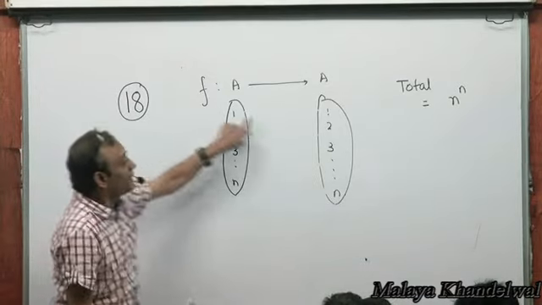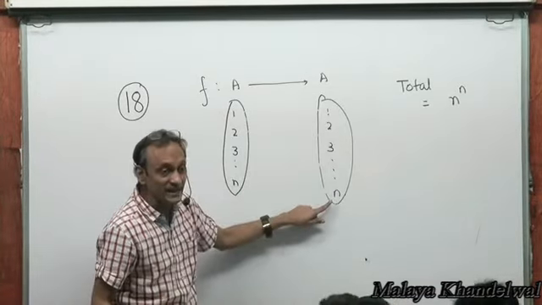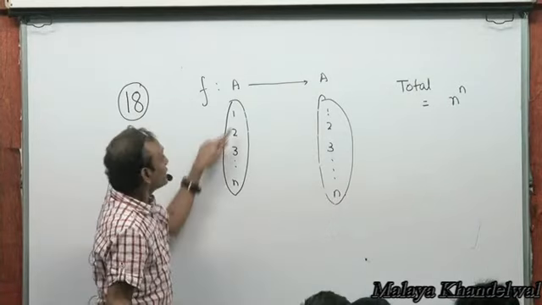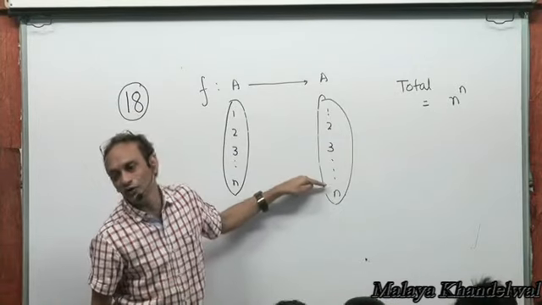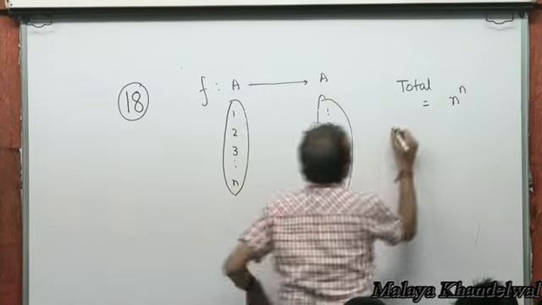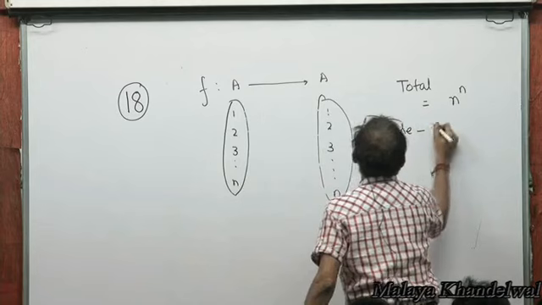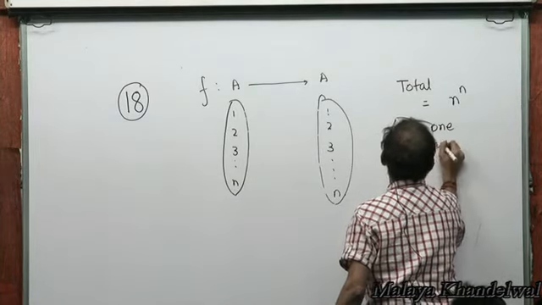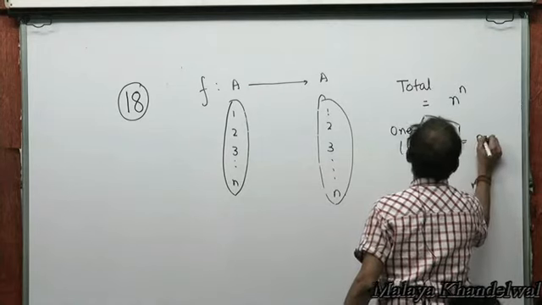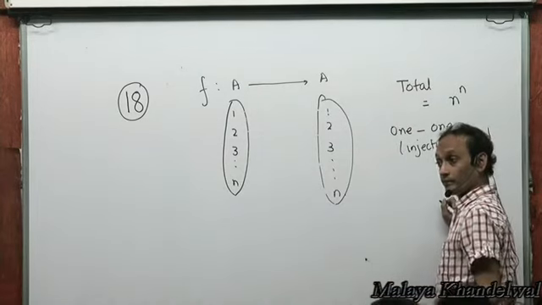That means each element will only talk to exactly one element. That means I have to arrange these 1 to n in these n spaces. In how many ways can I do that? n!. So the number of one-to-one or injective maps is n!, right?